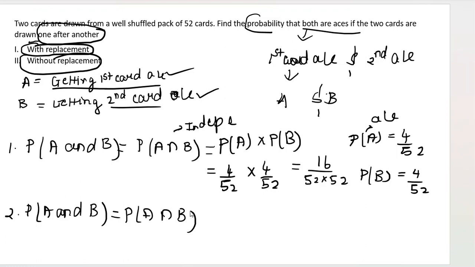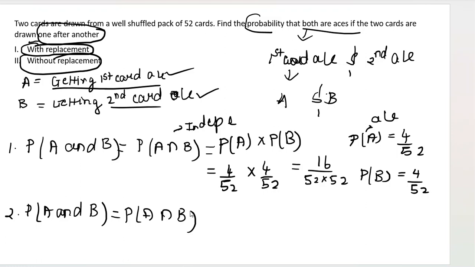Now when I offer you the remaining pack of cards, whatever card you draw is dependent on what card you have drawn in the first case. For a simple reason, now in the second case, there is one card less, because the card which was removed in the first attempt was not replaced, it was thrown out. So now you have one card less.